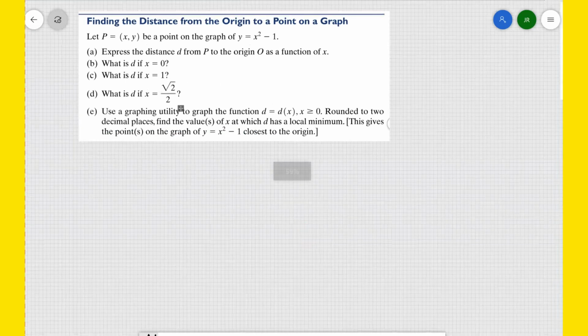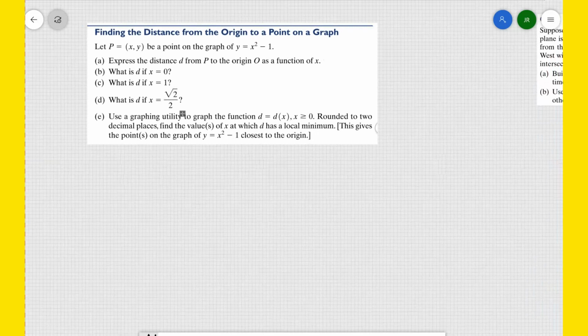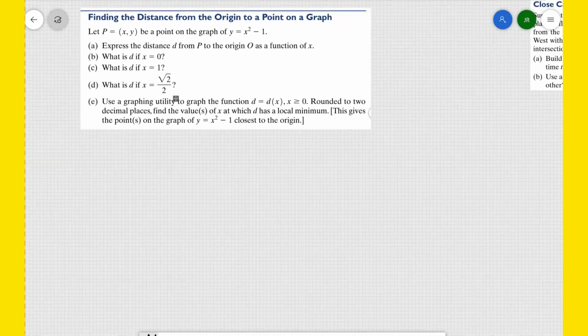Okay, first example. It says let P equals (x, y) be a point on the graph of y equals x squared minus 1. So the point P is a point on the graph of this parabola, and we just learned how to do function transformations, so we should know what this function looks like.